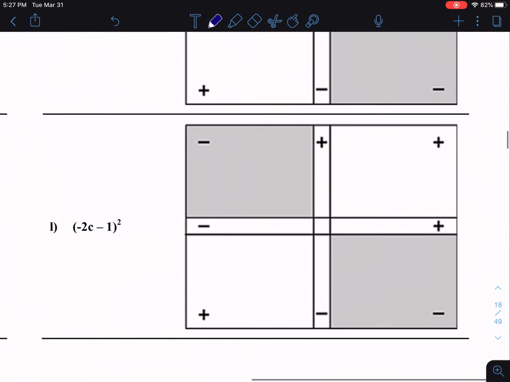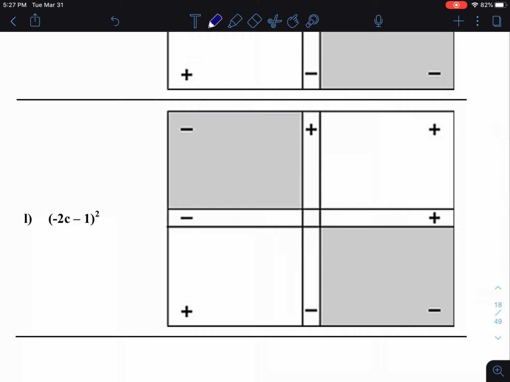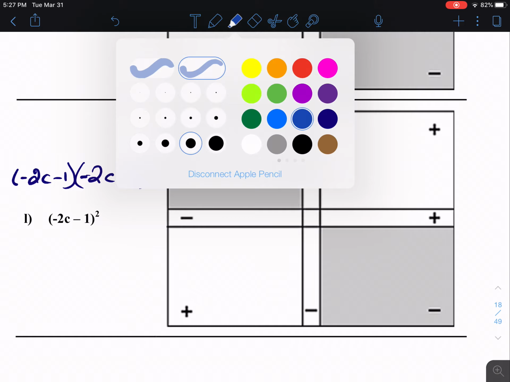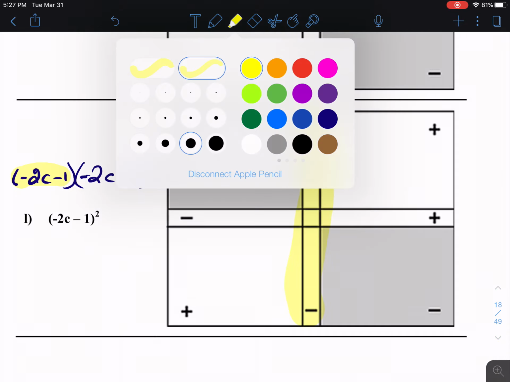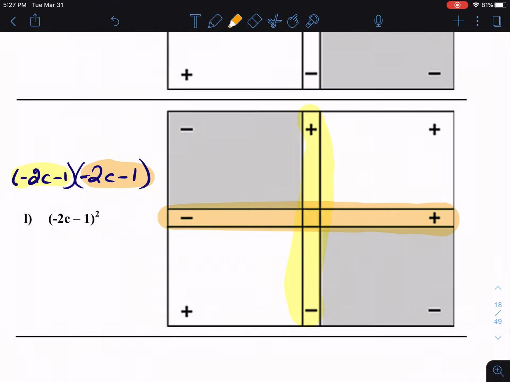Now let's look at this one. This is squared. Now we can rewrite the square as something times itself. We have a vertical and a horizontal factor, and they happen to be the same. That's why we say squared, and that's why we're expecting the area to be a square.